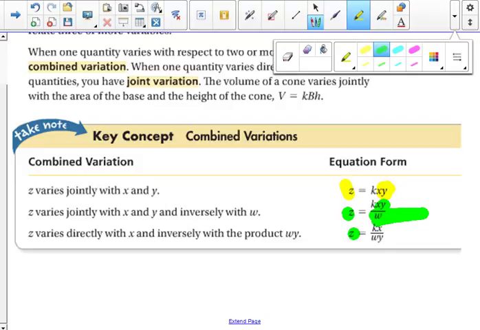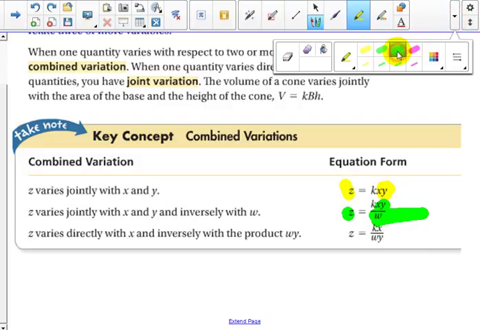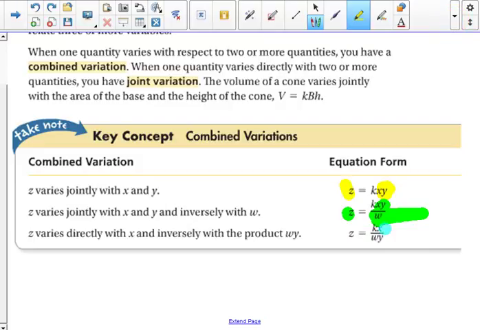So z varies directly with x, see it's in the numerator, and the inverse things are always in the denominator. So inversely with the product wy.